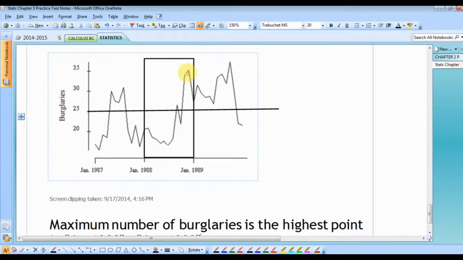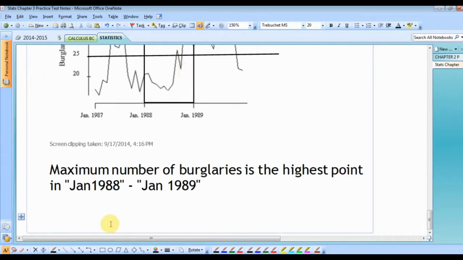It's this one right here, and that's about 34 burglaries.